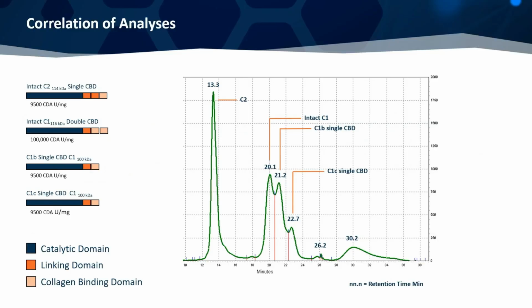We now term the C1b and C1c truncated forms because, as shown in this slide, they had lost the carboxy terminal collagen binding domain. But note, all of these forms are active. These numbers are somewhat different with our newer assay, but the relationship holds.